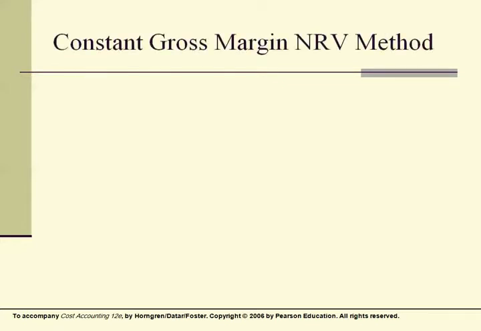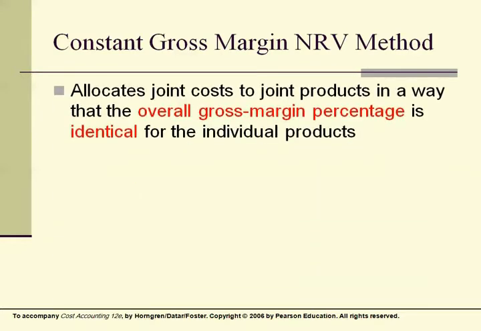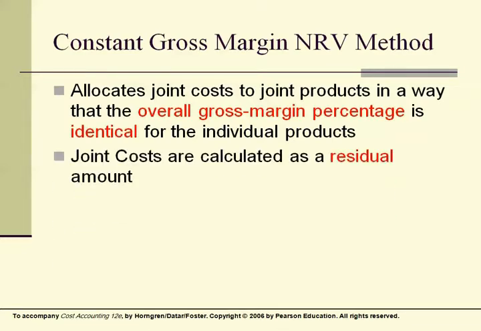Constant gross margin method allocates joint costs to joint products in a way that the overall gross margin percentage is identical for the individual products. Joint costs are calculated as a residual amount.